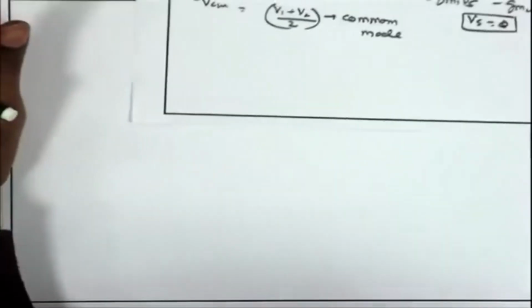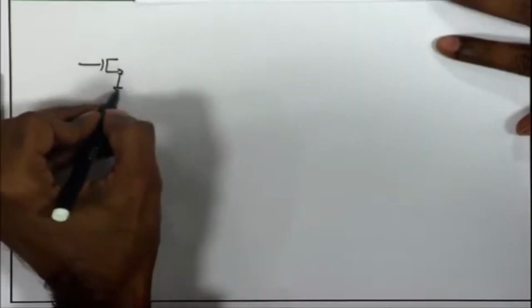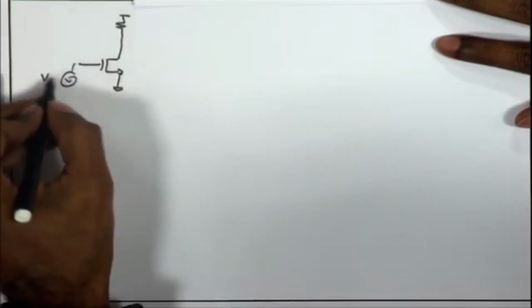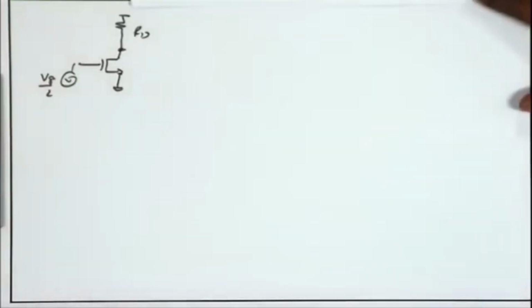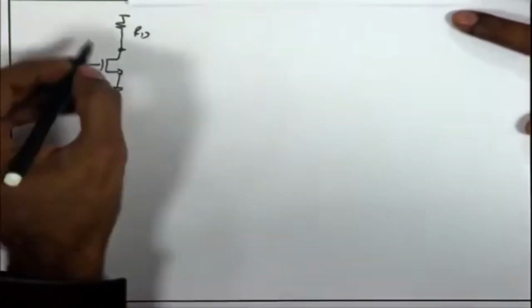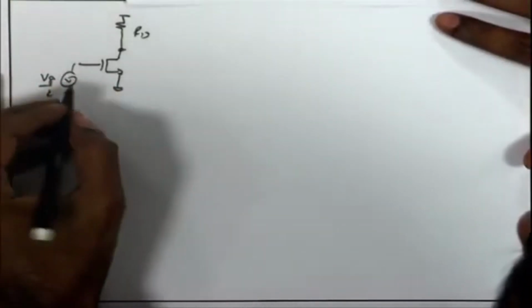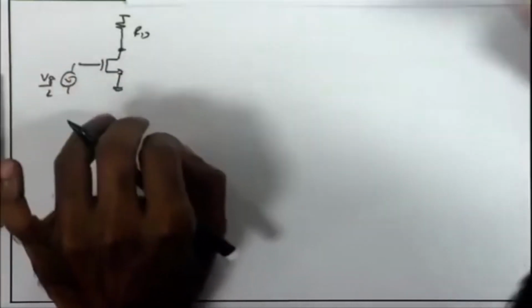For differential half circuit, I can treat the source terminal at AC ground, and then my amplifier for a given Vg by 2 is just a common source amplifier, same as before what we have done. And the entire analysis, whether we talk about the DC analysis, small signal analysis, frequency response remains same.